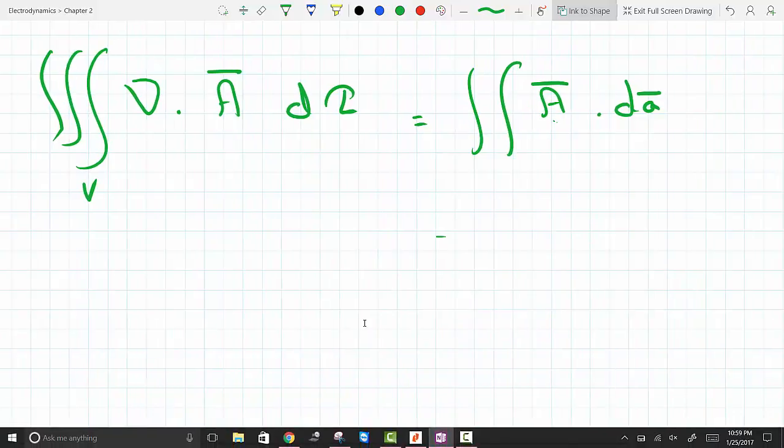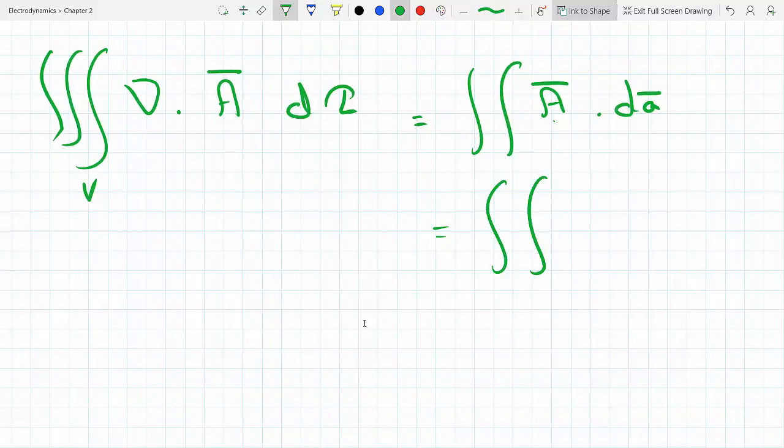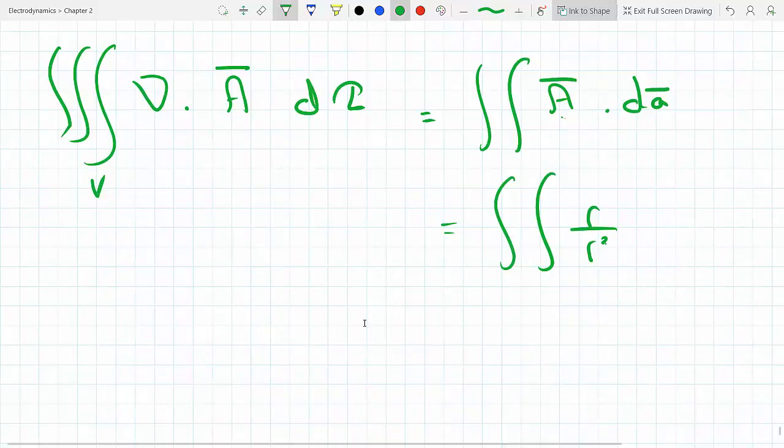Okay, let's do it. So in our case, A is r hat over r squared. Do you agree? R hat over r squared. But if we're on the surface of the sphere, it's big R squared.